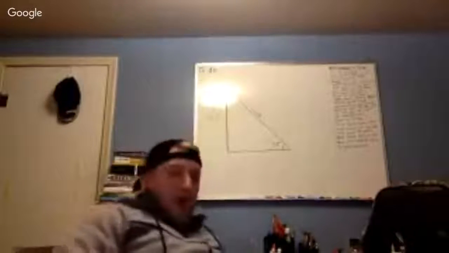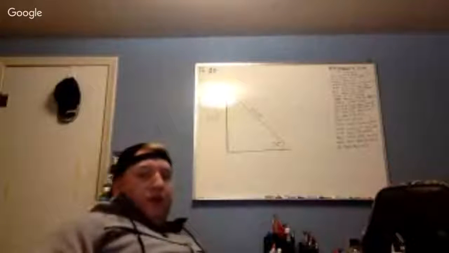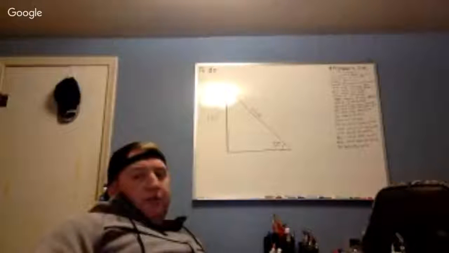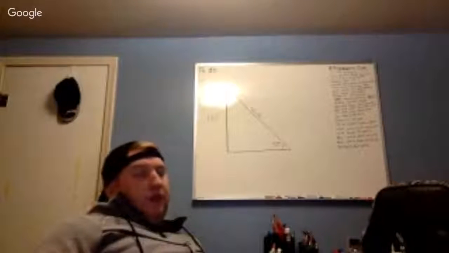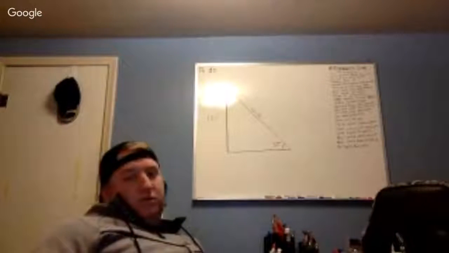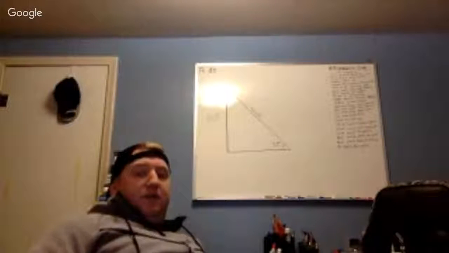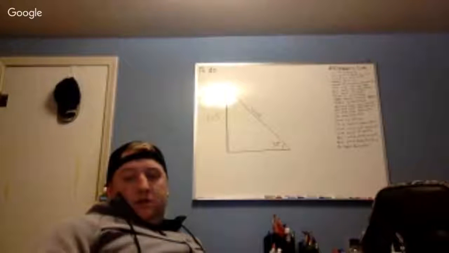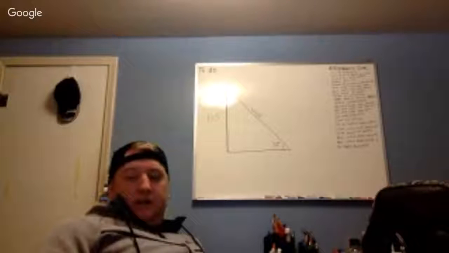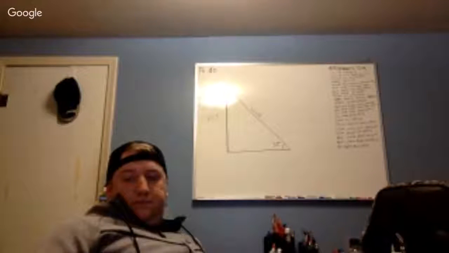It's the opposite over hypotenuse. But because you don't know the hypotenuse, you have to multiply A to both sides. So sine 32 times A equals 125. And then you would have to divide by sine of 32. So it's 125 divided by the sine of 32.